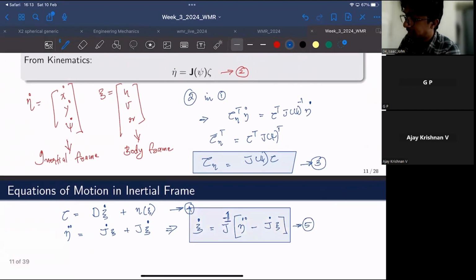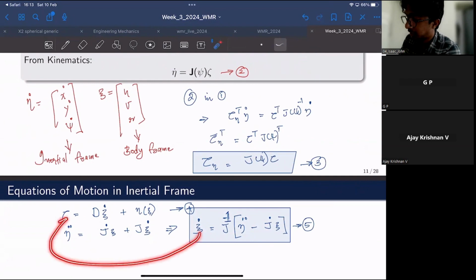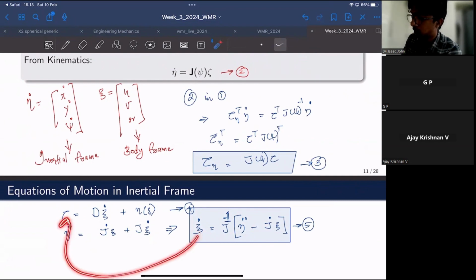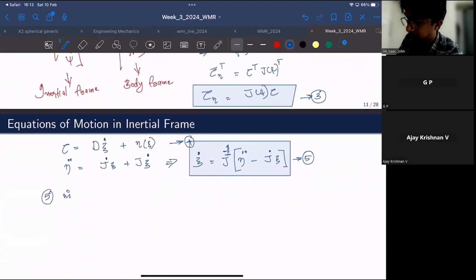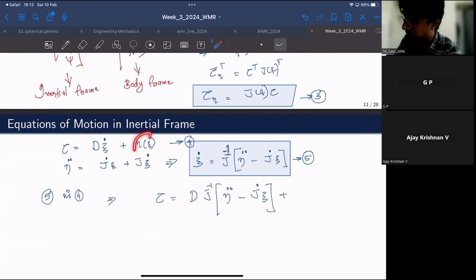Right? So if I substitute equation 5 into equation 4, that would yield tau as D multiplied by this term over here, J inverse times eta double dot minus J dot theta dot, plus this term over here, n of theta.